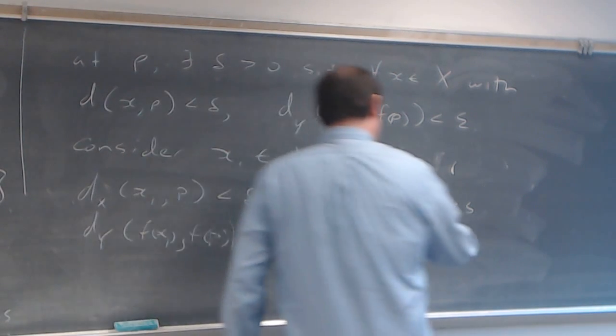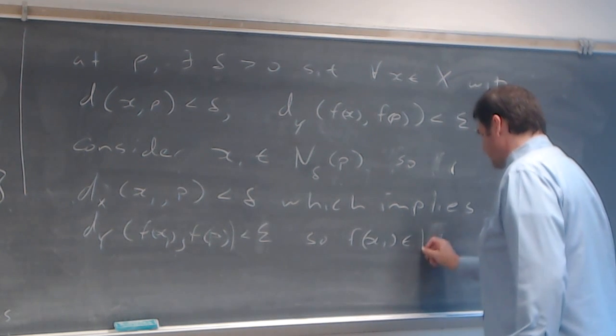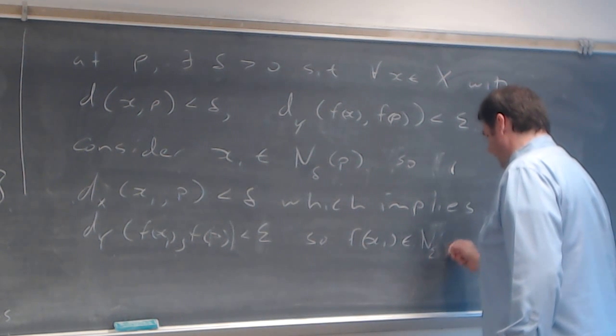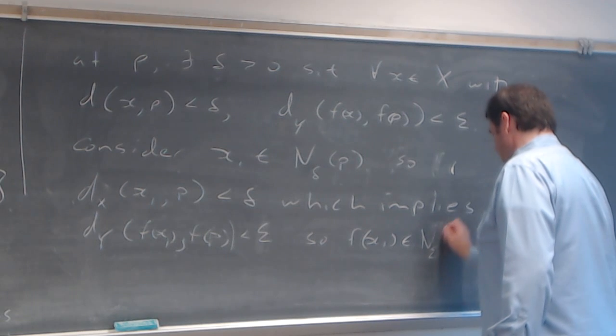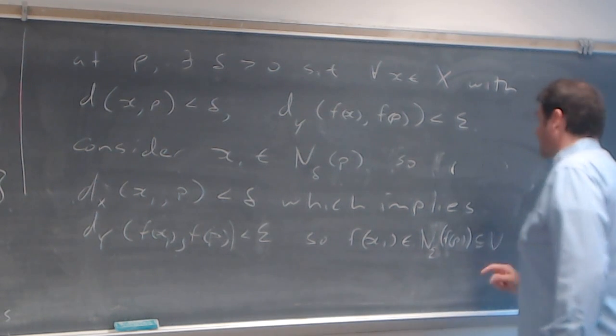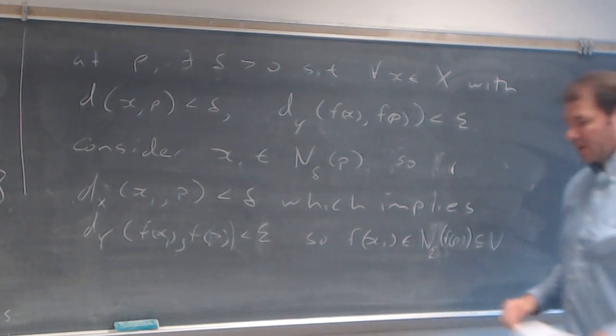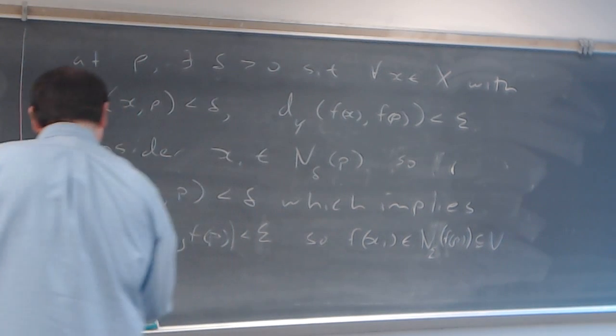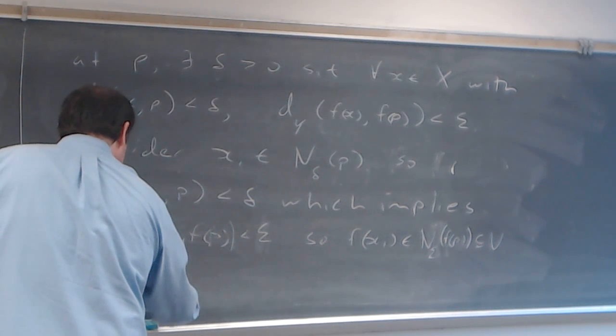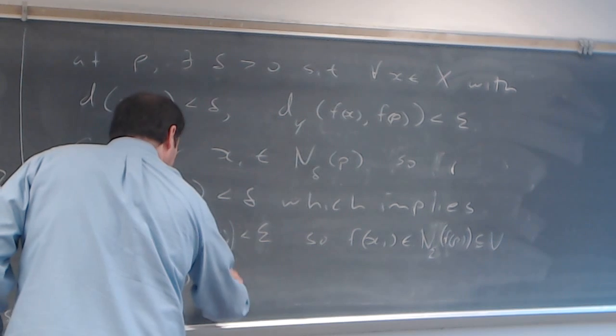So if you'd like, we can have just a little bit more detail. It's contained in this neighborhood of epsilon about f of p, which of course is contained in V. So that's one way we can think of it. So that means that f of x sub 1 is an element of V.